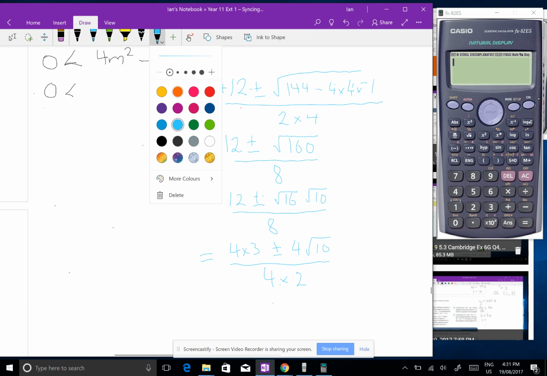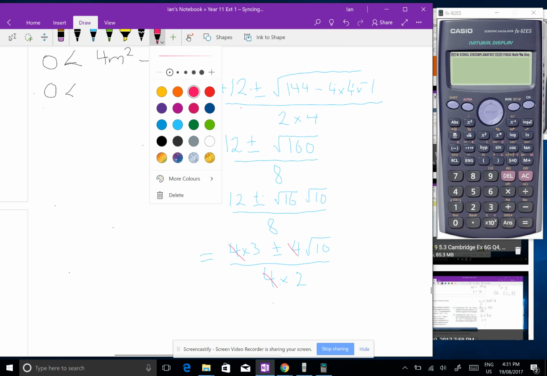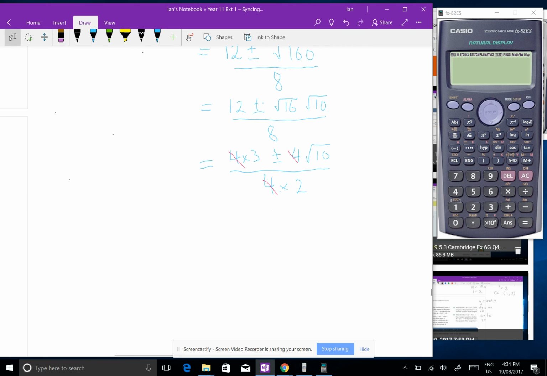And now I can cancel the 4s. So I get the critical points are 3 plus or minus root 10 over 2.